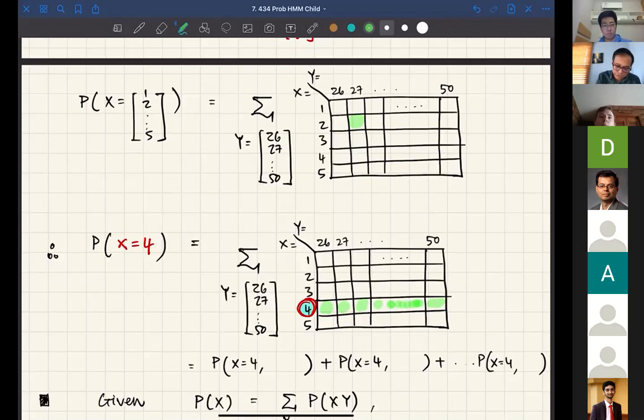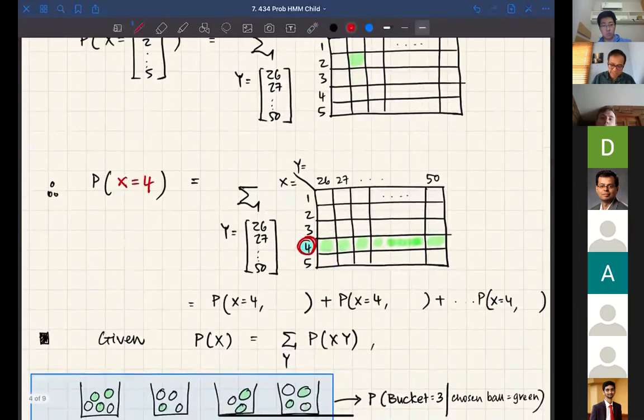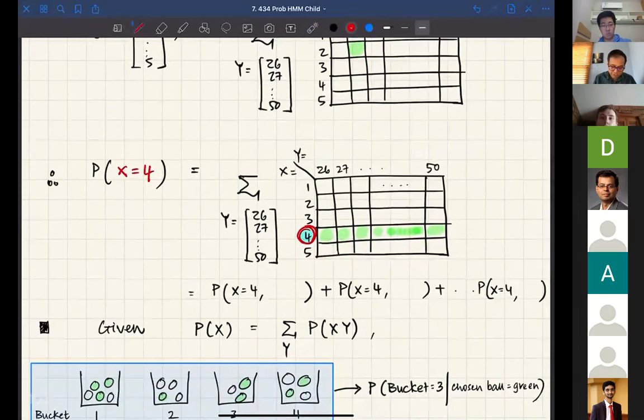The total probability of X equals 4 is broken down into all possible values of Y. So we can write that as probability of X equals 4 is the same as probability of X equals 4, Y equals 26 plus probability of X equals 4, Y equals 27 plus all the way to X equals 4, Y equals 50.